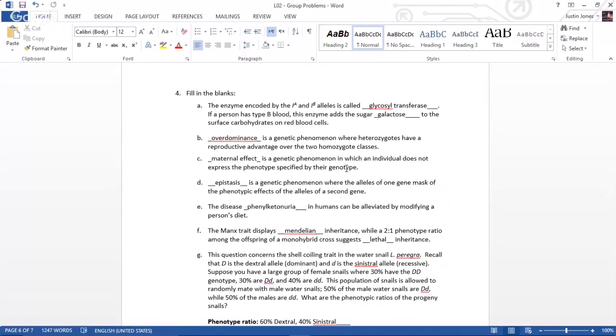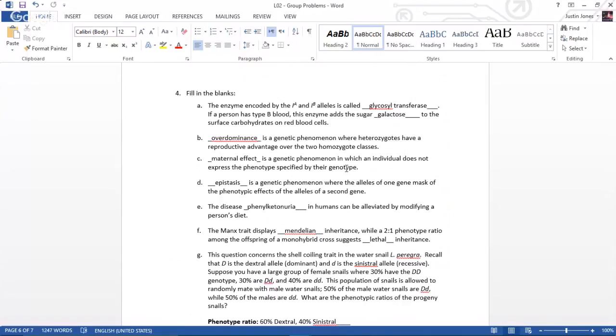Maternal effect is where the phenotype is not determined by the genotype, but rather the genotype of the mother. And this is because the mother cells do some of the development inside, I guess, the fetus. This is in snails, so I don't know snail fetus, if that's right.